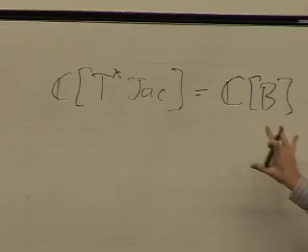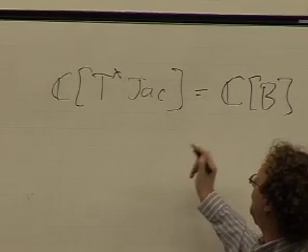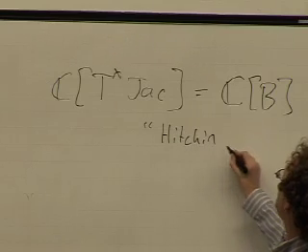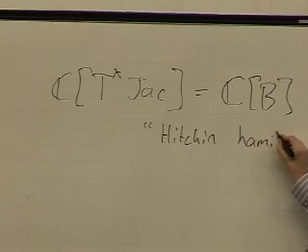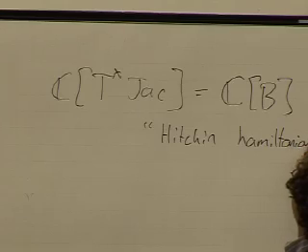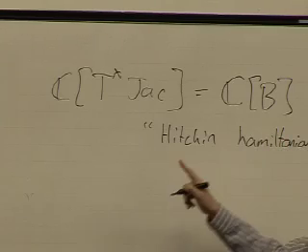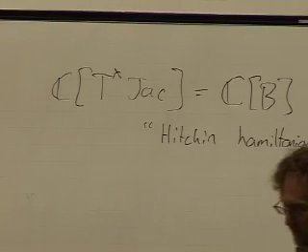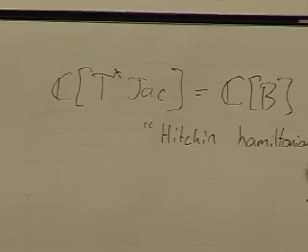This is the abelian version of what we'll call the Hitchin Hamiltonians. These functions, when you pull back, all Poisson commute, and they define some commuting flows, the translation along the fiber, if you're familiar with the integrable systems picture.